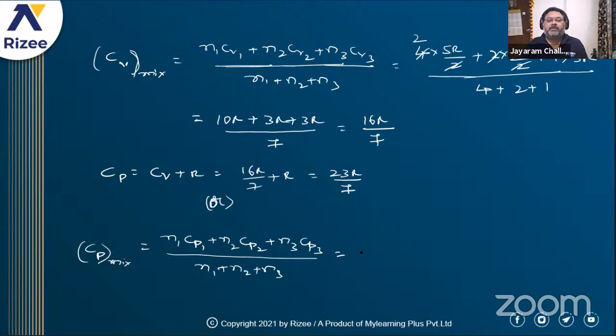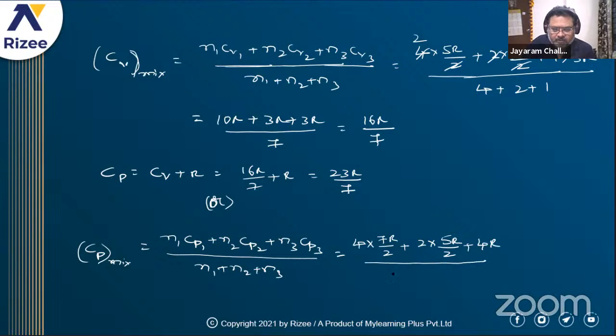Since our first gas is hydrogen, 4 moles are there, and the Cp value for hydrogen gas is 7R by 2. Plus the number of moles for helium, 2, into 5R by 2, plus this one is going to be 4R, all divided by the total, which is 7.